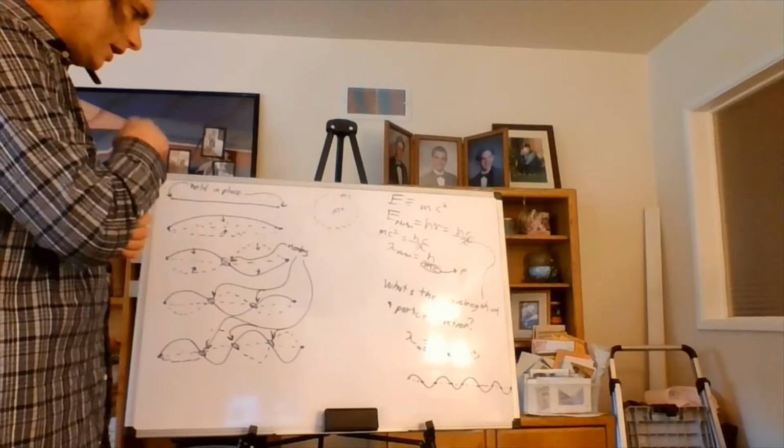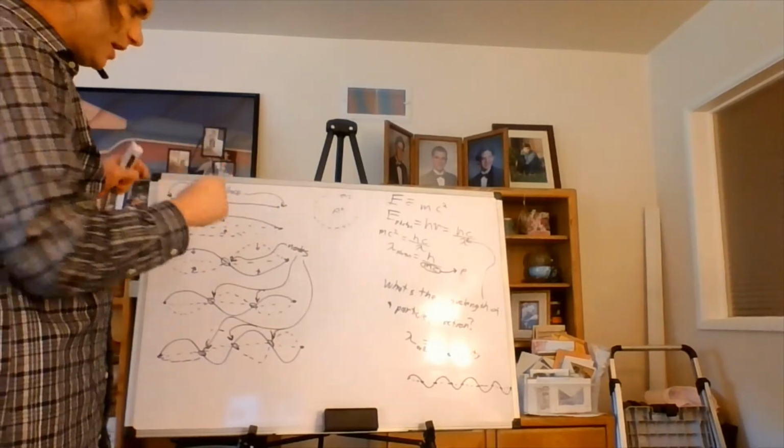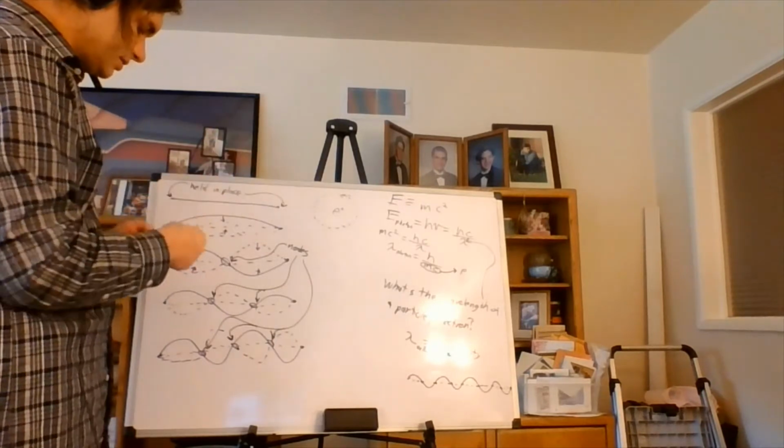You get these nodes every 1/2 wavelength. And in the example of the string, you have to have nodes at both of the ends.